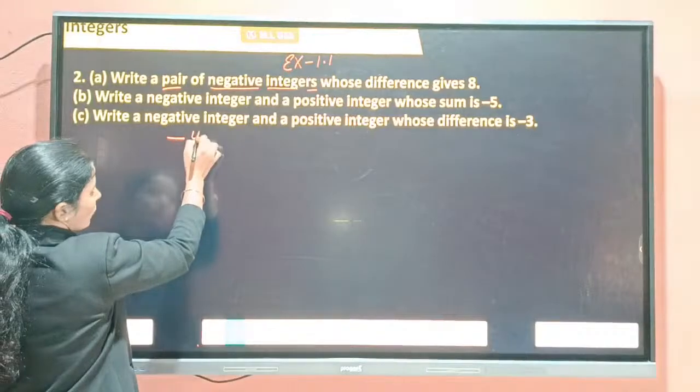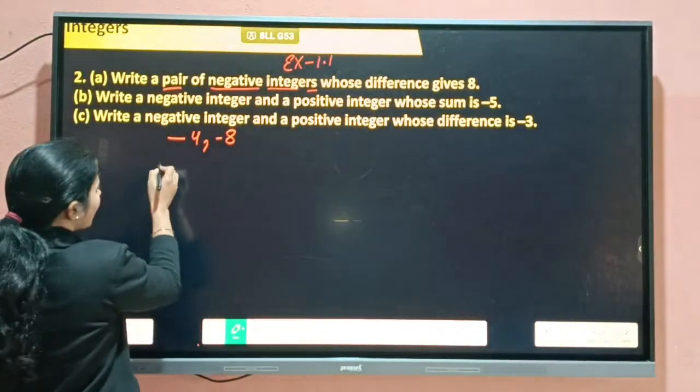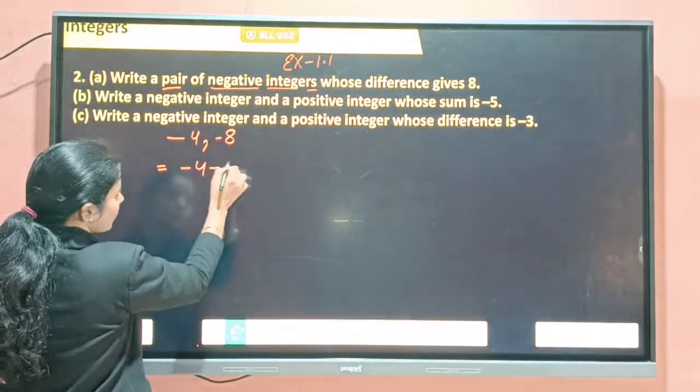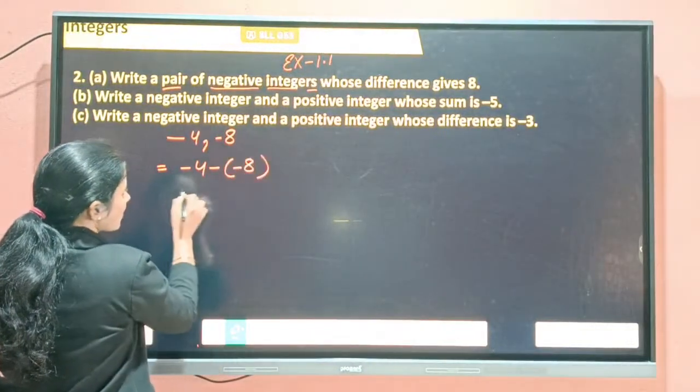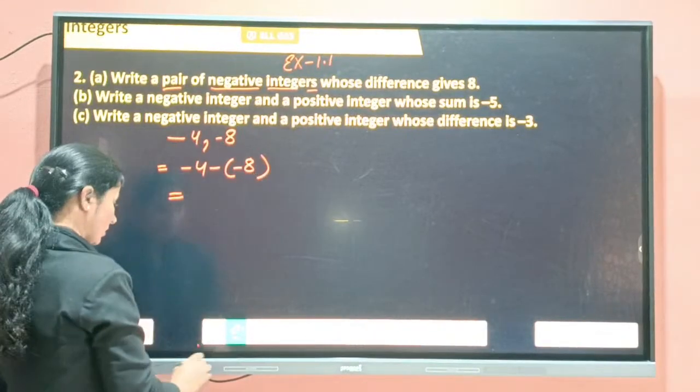So minus 4 and minus 8. These are two integers, and if I take the difference of these two integers, then the difference gives us 8.